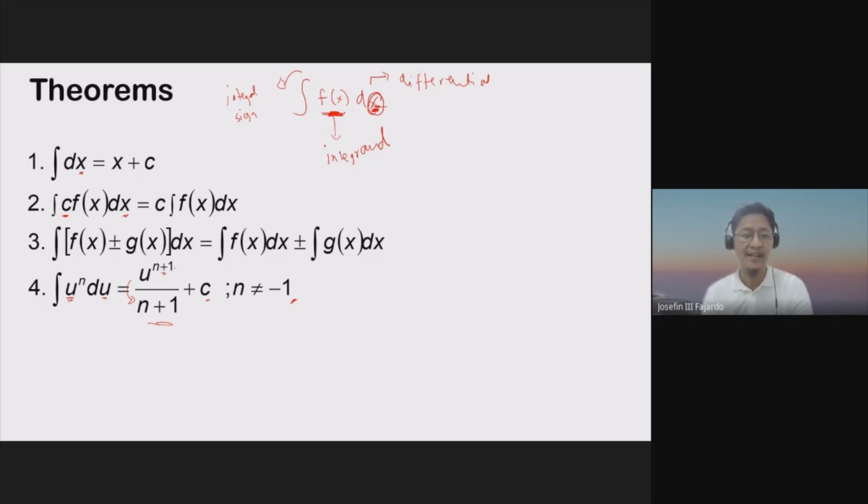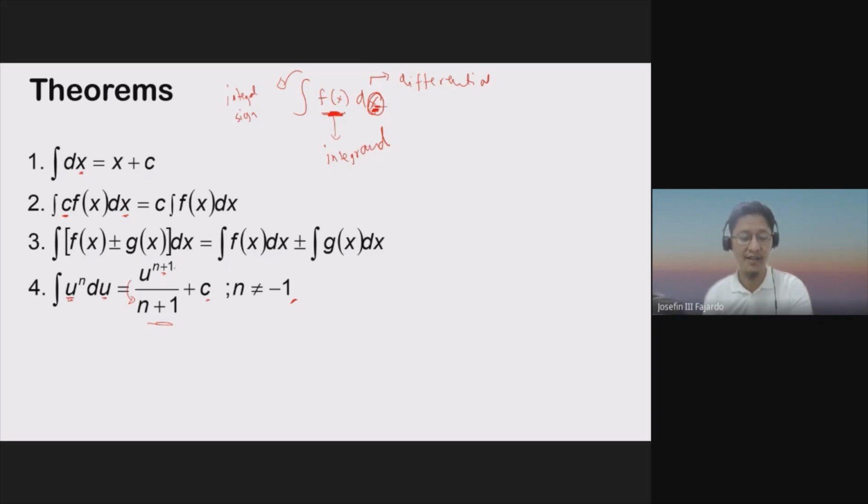Okay? Magiging 0 kasi when n is negative 1, negative 1 plus 1 sa denominator natin guys will turn out to be 0. Tama? Ito. Okay? So pag nag-0 yan, of course, alam natin na we don't divide a number or anything by 0. If we do, there would be an undefined term.